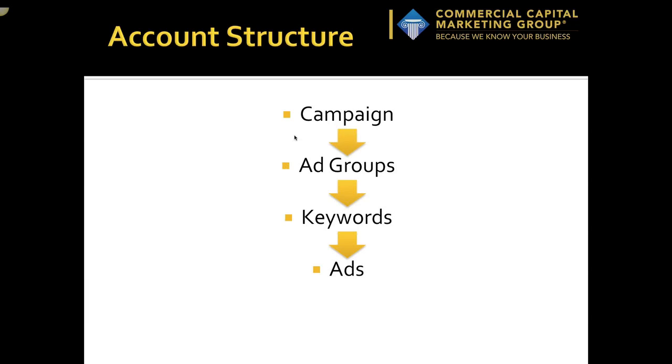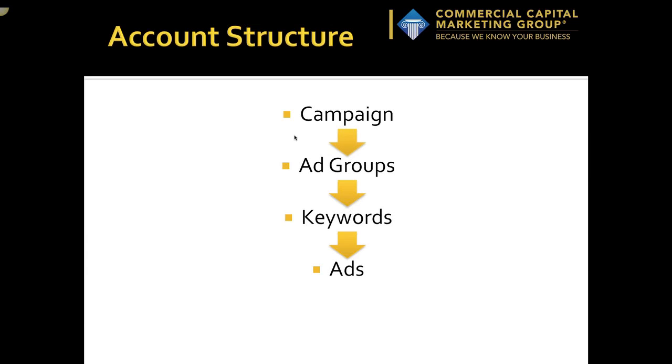Ad groups, I do these based on products. So if you want to focus on accounts receivable financing, hard money lending, and commercial real estate financing, those are all their own separate ad groups. And within those ad groups are keywords and keyword variations.